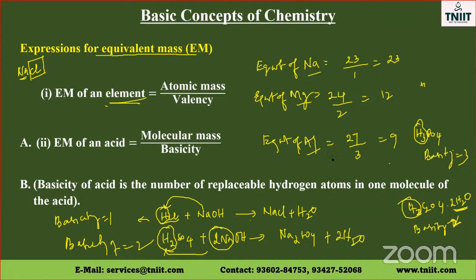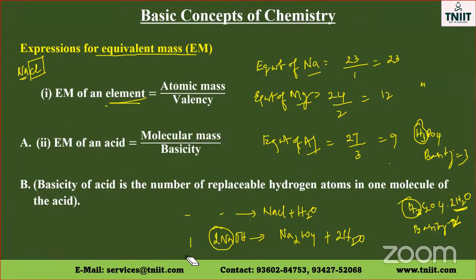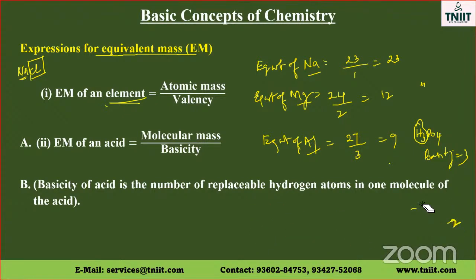So based on this, we will try to calculate the equivalent mass of a few of the acids. Now, what is the equivalent mass of hydrochloric acid? How do we calculate the equivalent mass of hydrochloric acid?